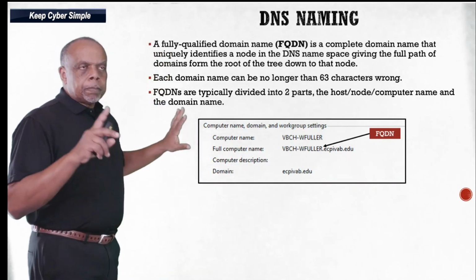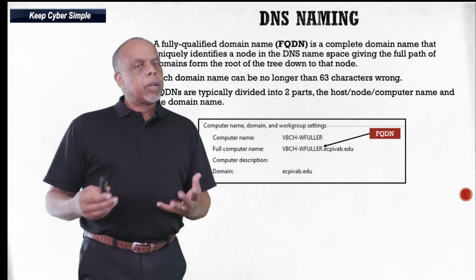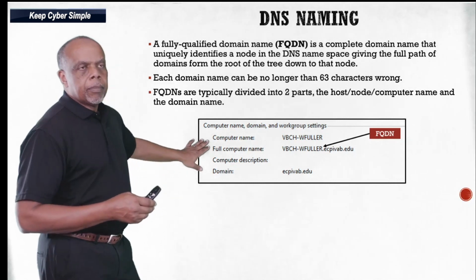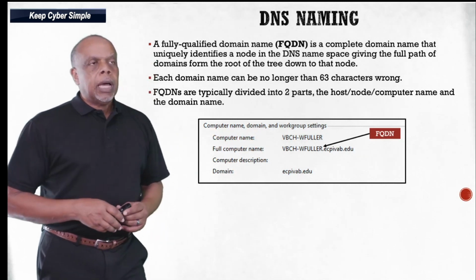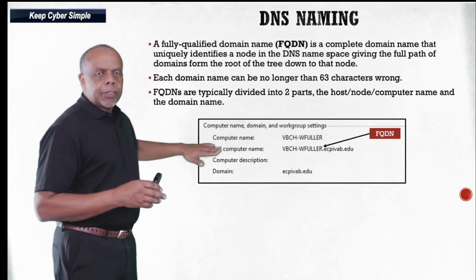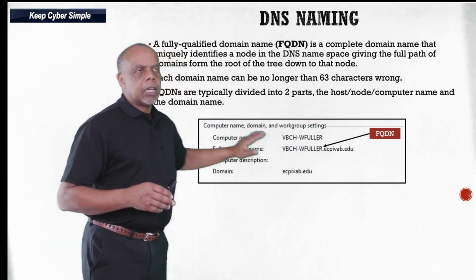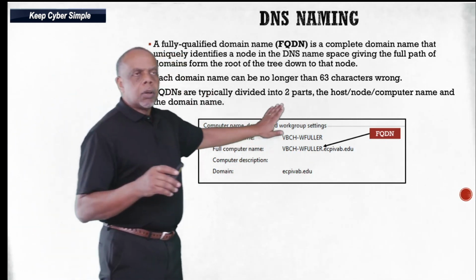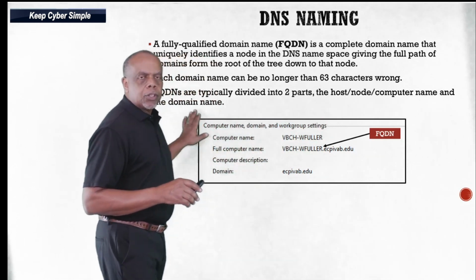So let's take a look at this. You can go on your home computer or your laptop or whatever device it is, and it has a computer name. For this example, this would be the computer name. If you went into your actual computer, you'll see that it has the computer name. Now, the full computer name is going to be that plus the domain that it's on. So this FQDN is divided into basically two parts: the host or node name and the domain name.